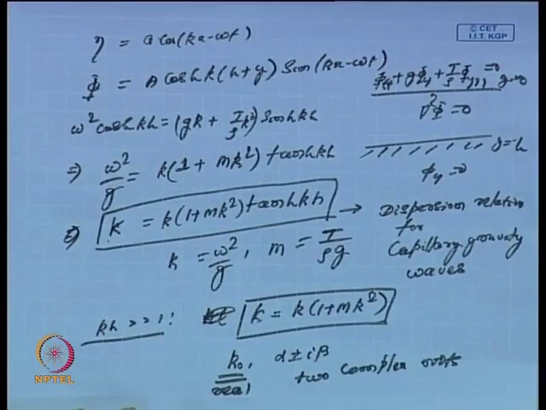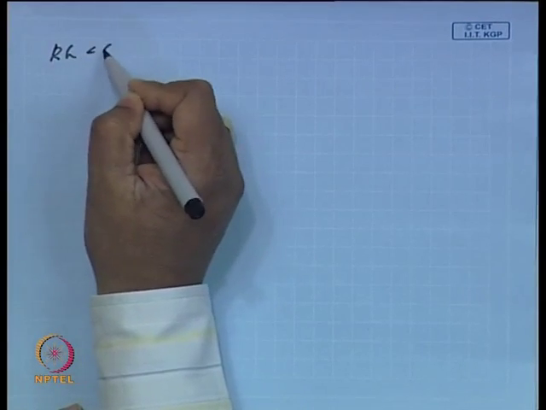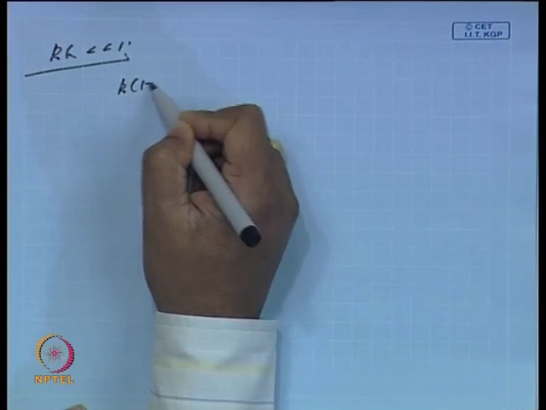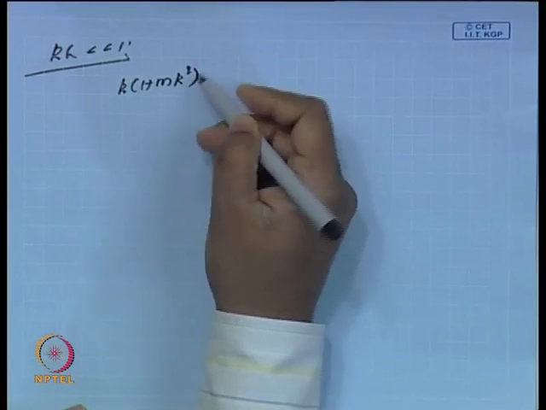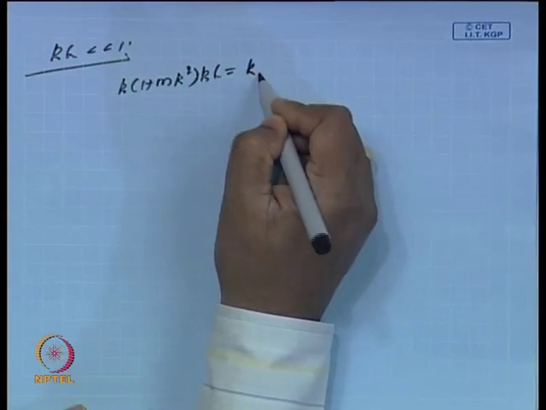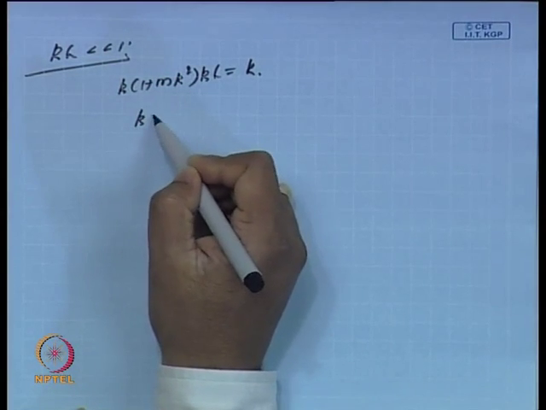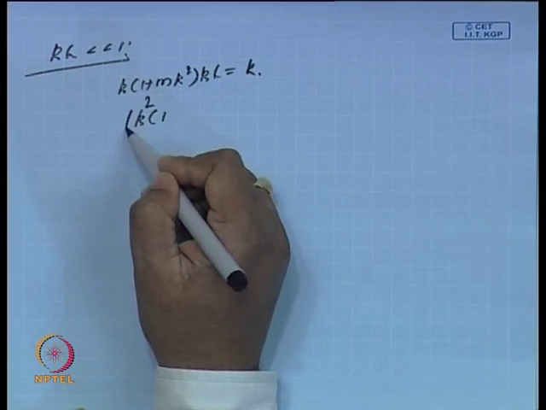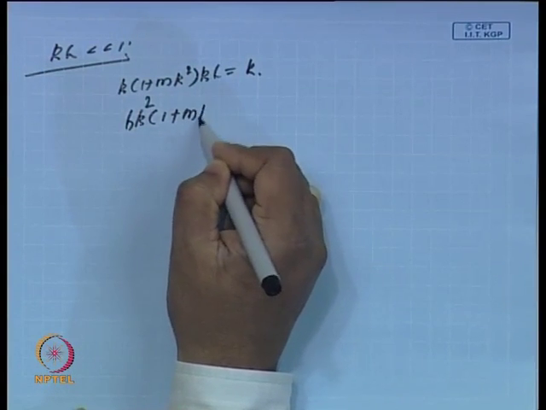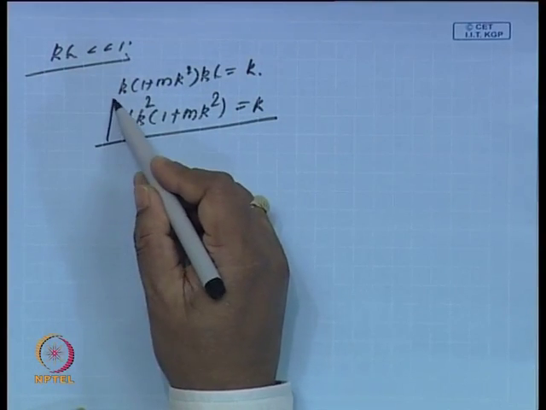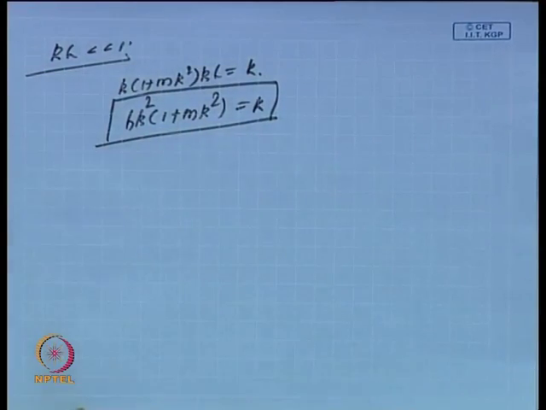Further, if I look at this equation again, if kh is much less than 1, that means in the case of shallow water, we will have k into 1 plus m k square into kh equal to capital K. So that gives us k into k square h into 1 plus m k square equal to capital K. And there will be 4 roots.